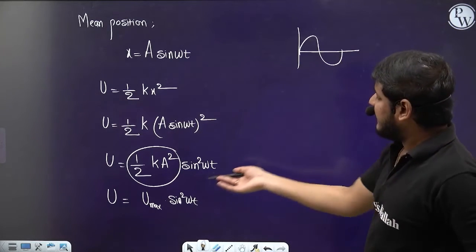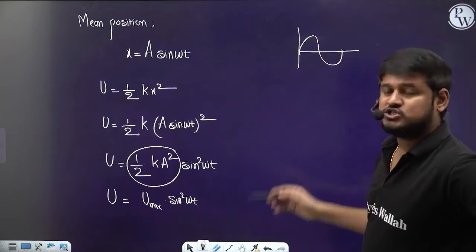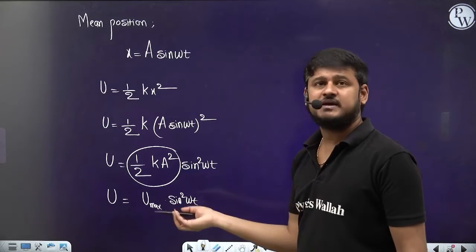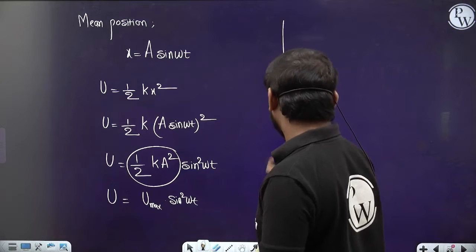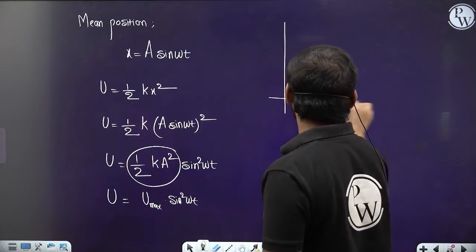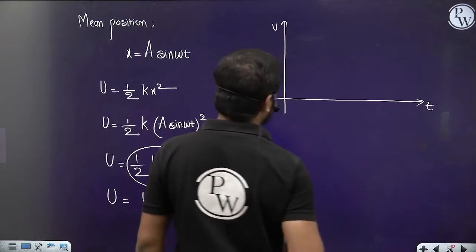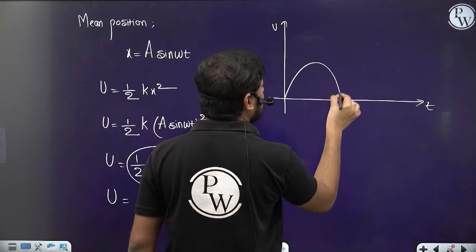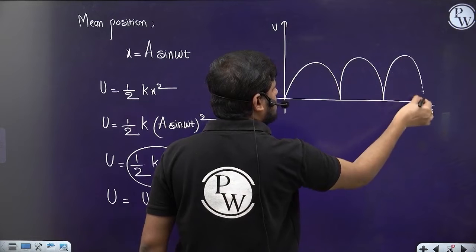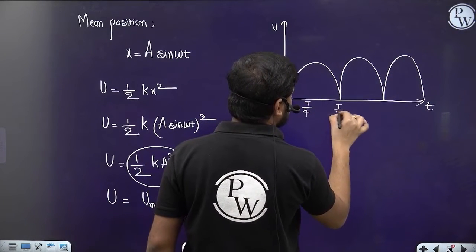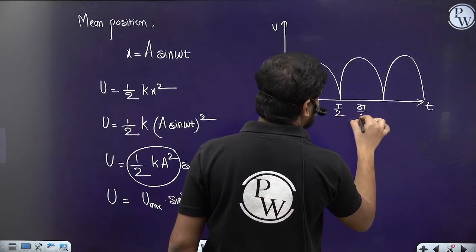But as it is squared, only the positive cycles will be there. So if you draw the potential energy versus time curve, it will be like this, at 0, T by 4, T by 2, 3T by 4, T.